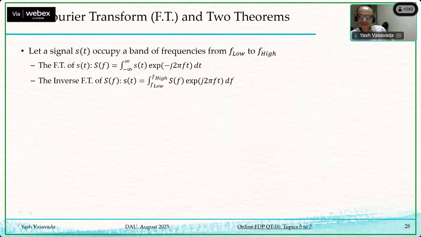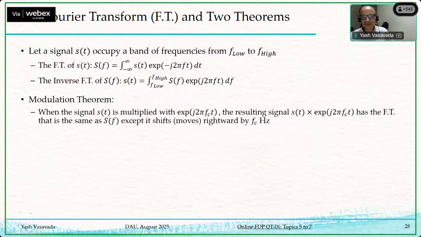So in order for me to proceed, I think I'll just very quickly define Fourier transformation. It's defined in a manner like this. And there is a modulation theorem of Fourier transform which says that whenever a signal s(t) is multiplied by exponent of j 2π f_c t, its Fourier transform moves by f_c hertz. So this is the modulation theorem.